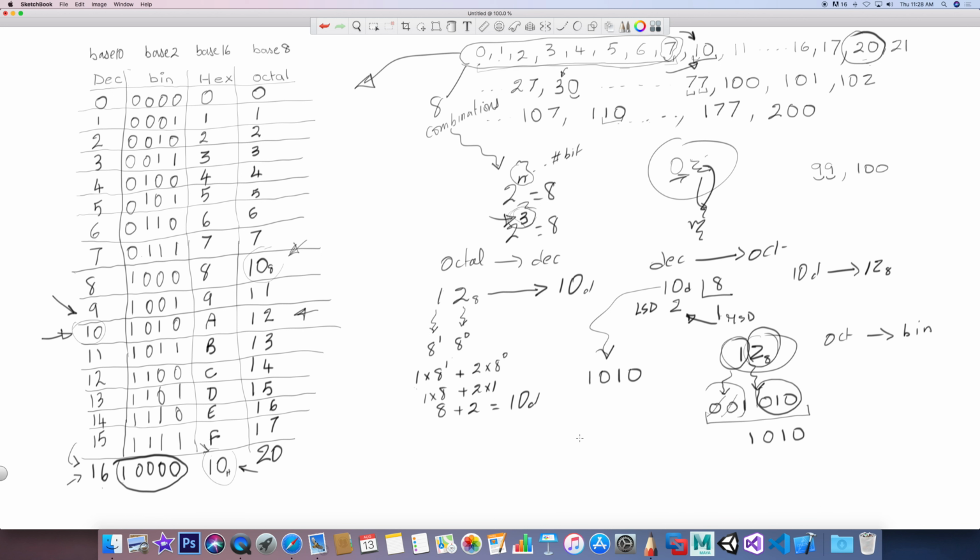Okay, let's do another example. So let's say I have 14 in octal, and I want to represent it in binary. So again, 4 represented by 3 bits is 1, 0, 0.